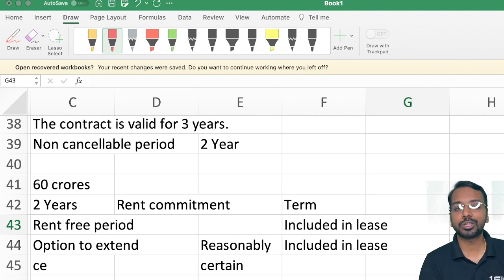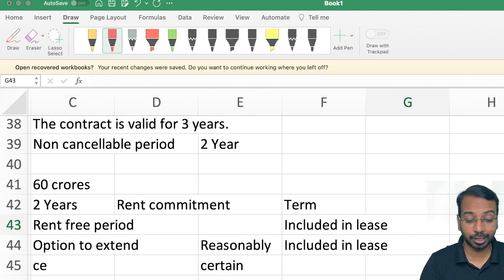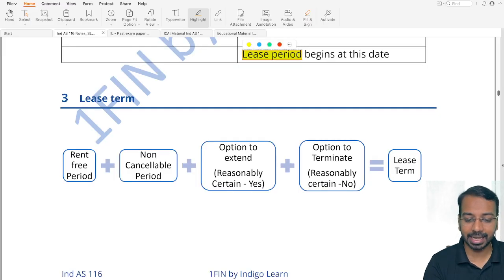So, I want to use the studio for the maximum period of time possible, and I want to exercise this right to extend. If it is reasonably certain that the lessee will exercise the option to extend, that period will be included in the lease.